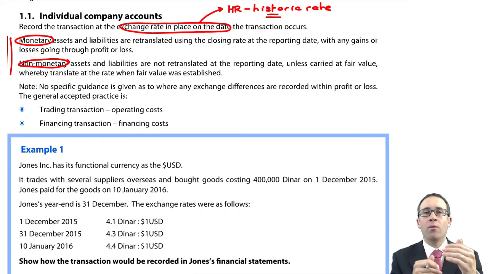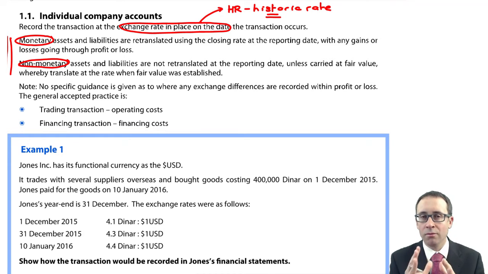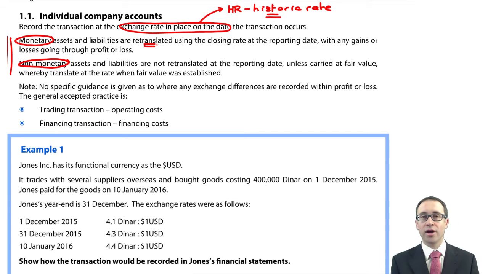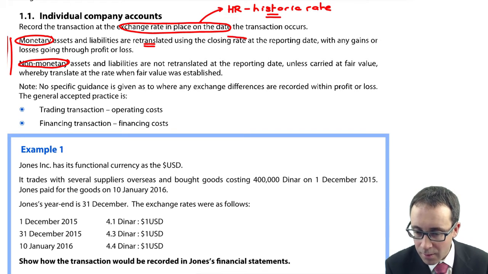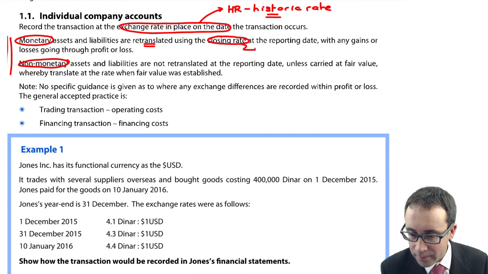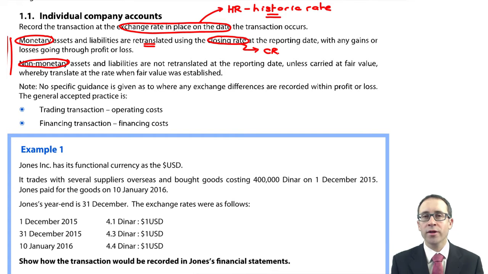Okay, let's not worry about what's monetary and what's non-monetary. The rules state that if something is monetary, what you go through and do there is that you retranslate that monetary item at the closing rate. Closing rate abbreviated to CR. Okay, nothing to do with Cristiano Ronaldo. It's just CR for closing rate.